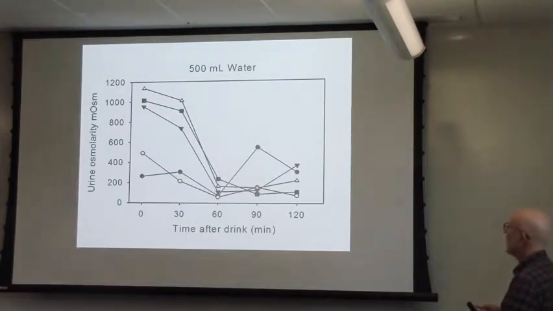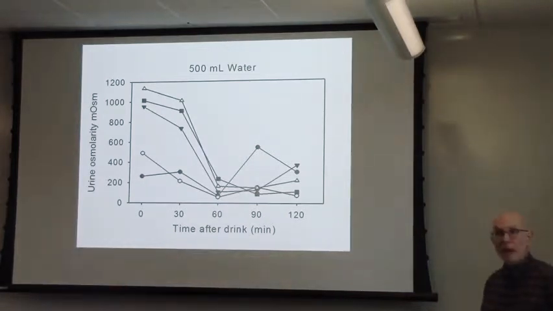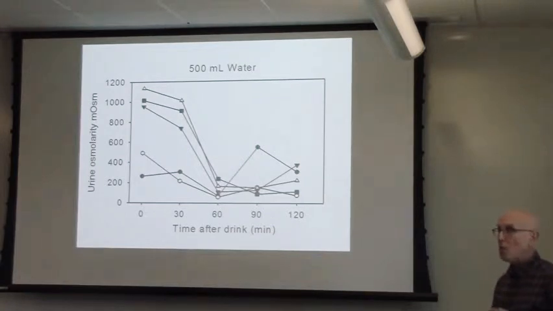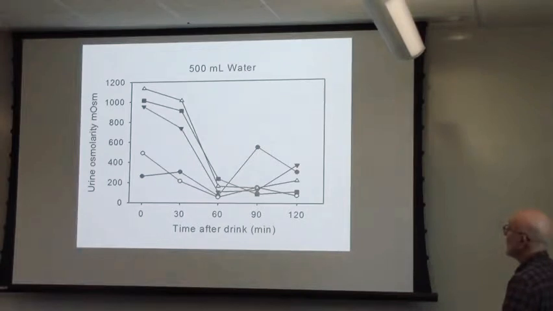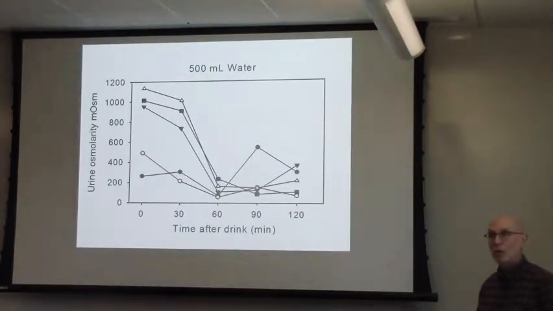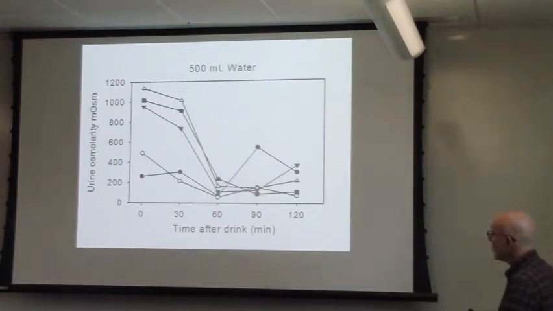So you can see a wide variety of students walking into the lab. Some of them were fairly dehydrated and were producing a urine that was very concentrated, almost as concentrated as possible. And some were producing a fairly dilute urine that was more dilute than the body osmolarity, which is about 290 milliosmoles, so a little bit hypotonic.